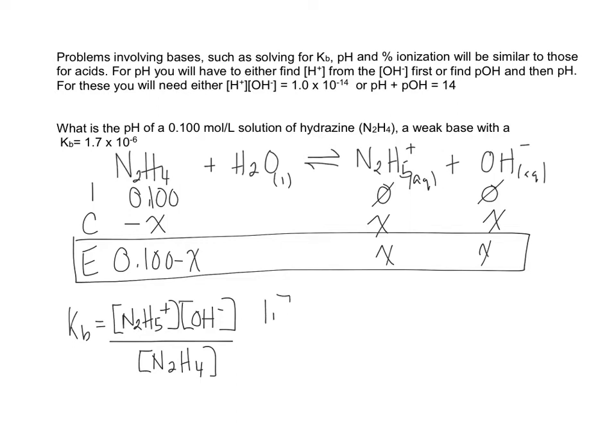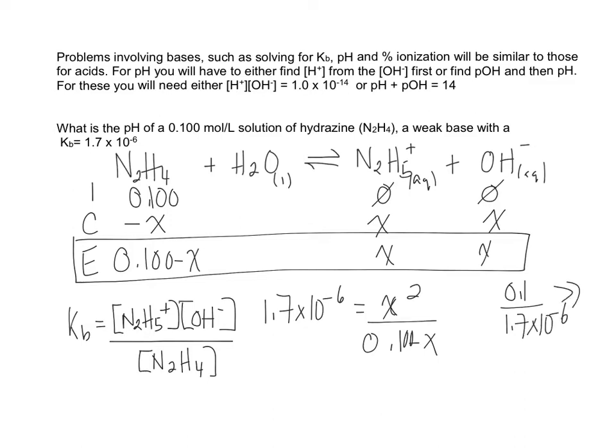So 1.7 times 10 to the negative 6 is equal to x times x, or x squared, over 0.1 minus x. Now, remember, we're chemists, we're efficient, so 0.1 over 1.7 times 10 to the negative 6. If this is much greater than 1,000, then we can assume that 0.1 minus x is approximately 0.1, and it is.